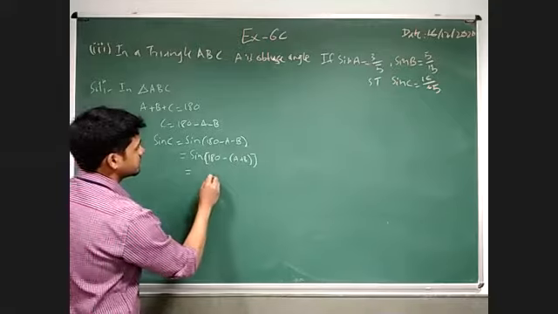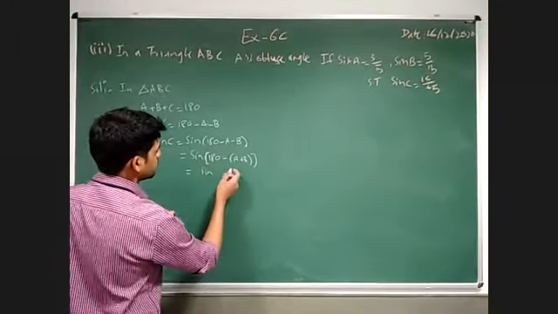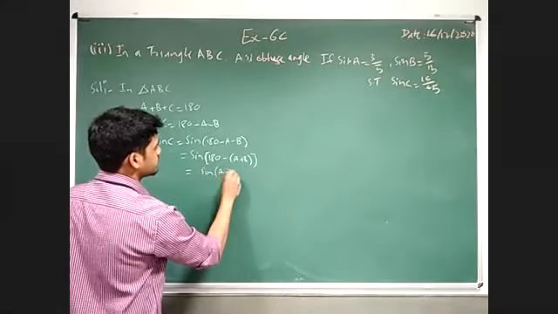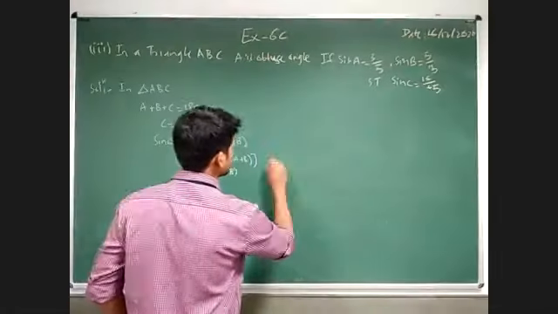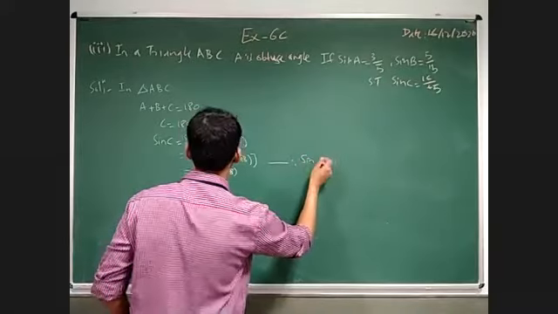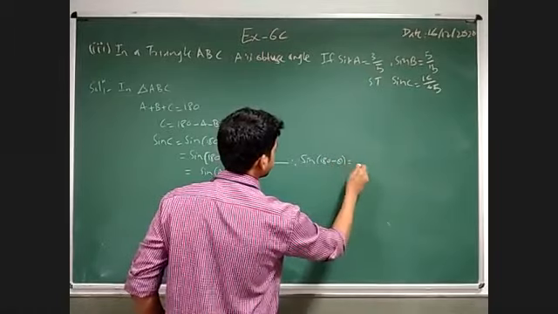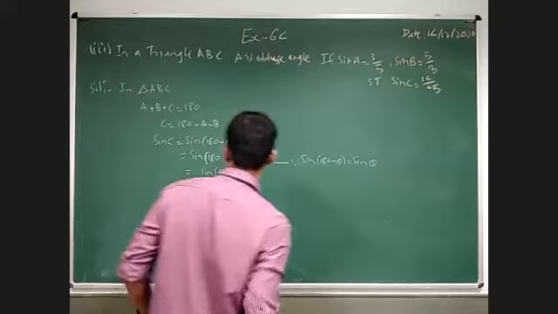So here sin(180 minus theta), that will be sin(A+B), because I know sin(180 minus theta) will be sin theta. Okay, this is the formula.